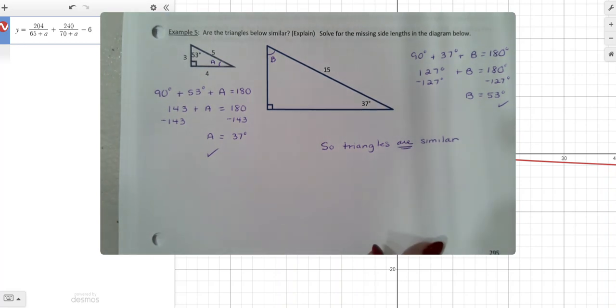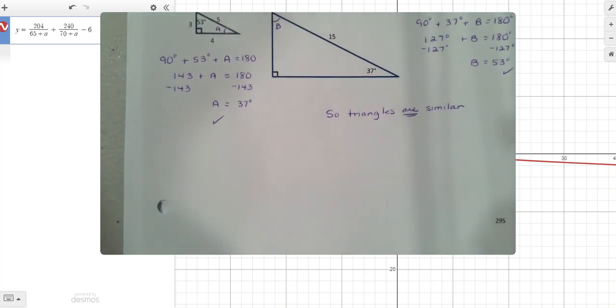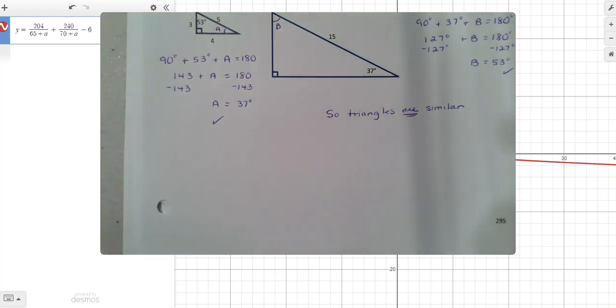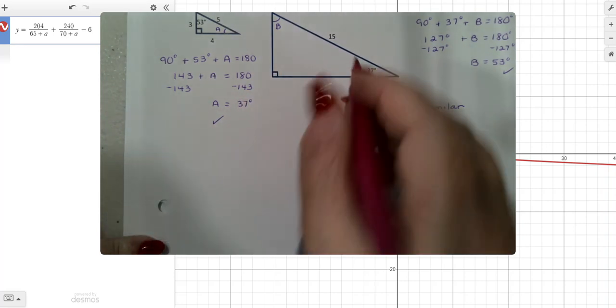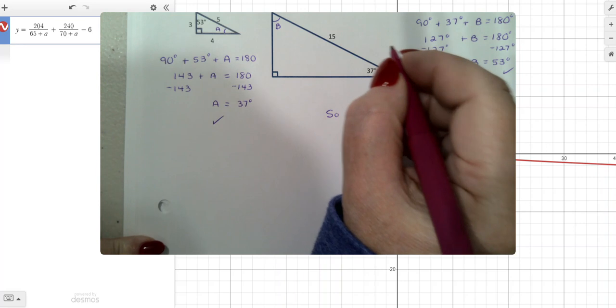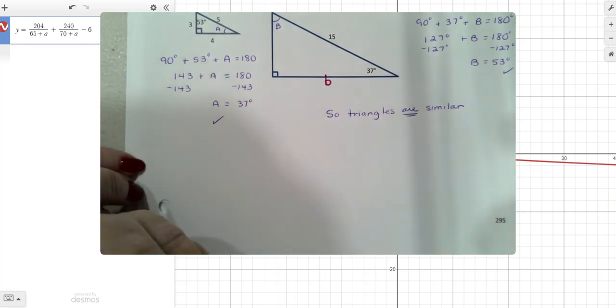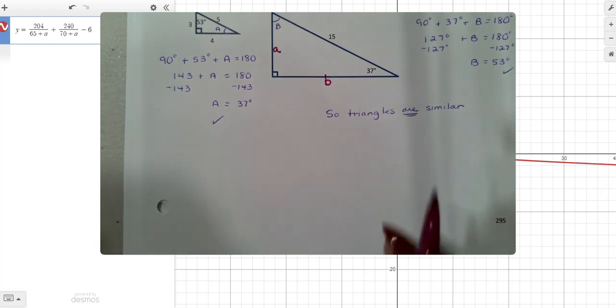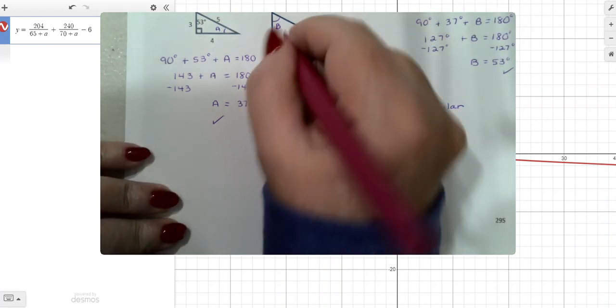All right, what I want to do next is I want to solve for the missing side lengths. I know all three lengths in the smaller triangle, but I only know the 15 in the larger one. So I'm going to call these missing sides B and little a. Actually, you know what? This is the larger triangle. Let me call them capital B and capital A, sorry.